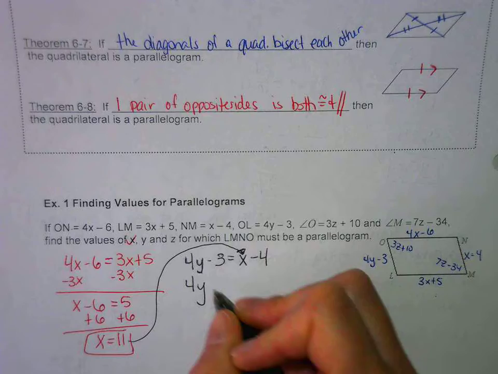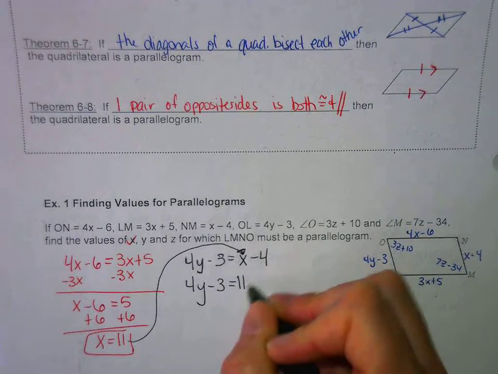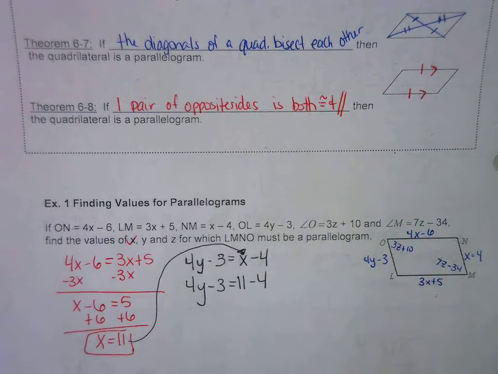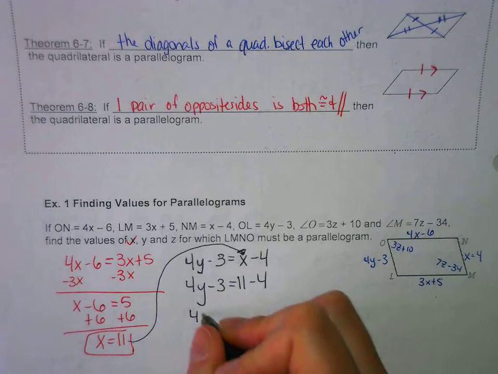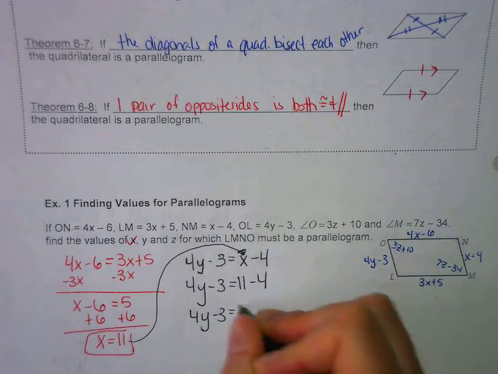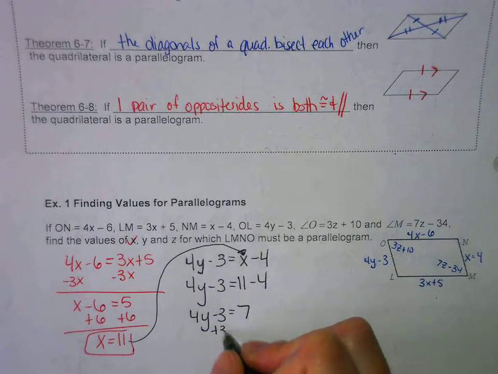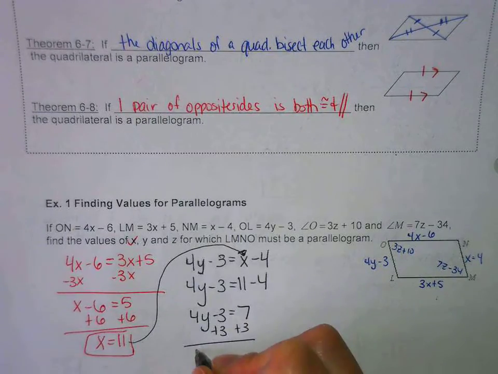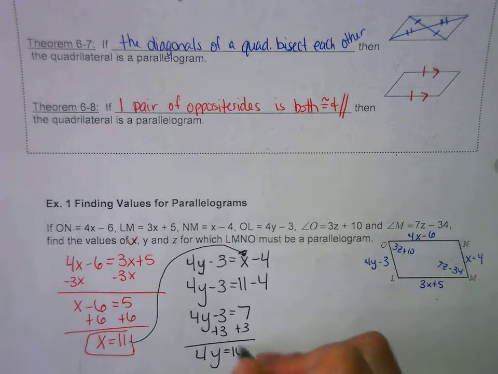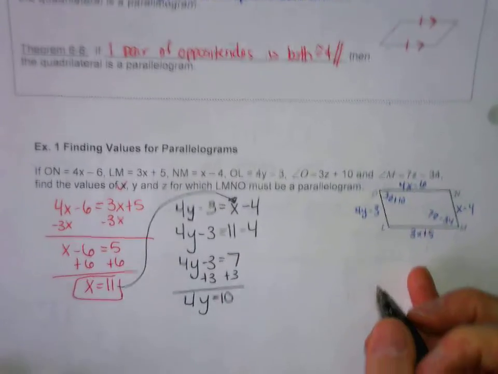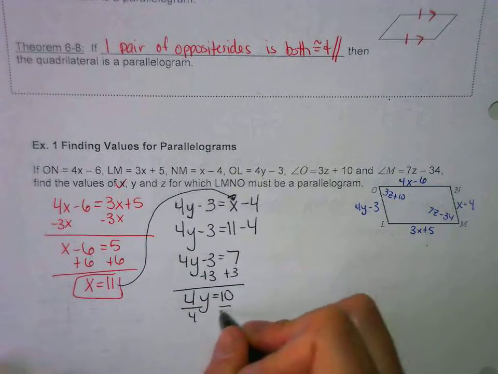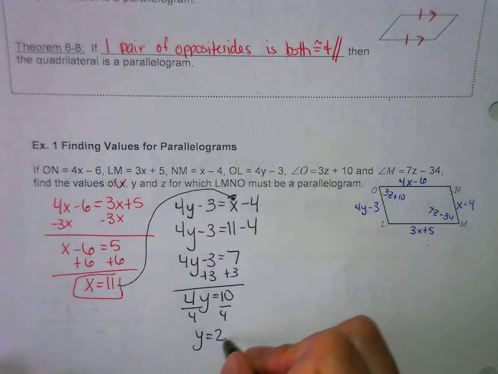So now I have 4y minus 3 equals 11 minus 4. 11 minus 4 is 7. If I add 3 to both sides, I get 4y equals 10. Divide both sides by 4. Y equals 2.5.